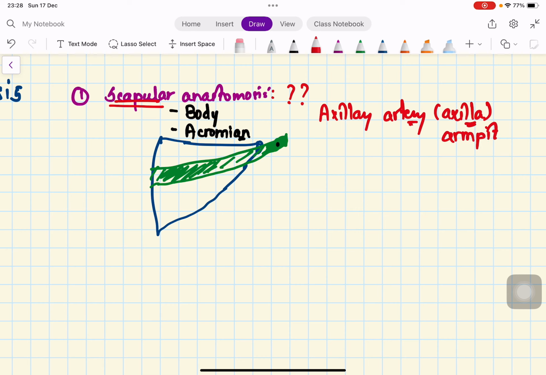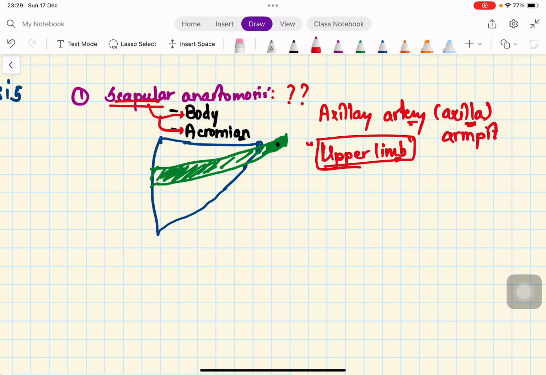When it gets compressed, our upper limb, the radius, ulna, all still need the blood supply. If there are no collaterals, the upper limb is not going to get any supply. To remove that disadvantage, there is the scapular anastomosis from the body as well as from the acromion.